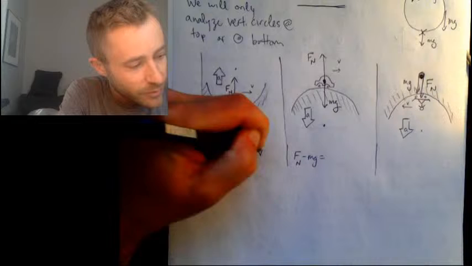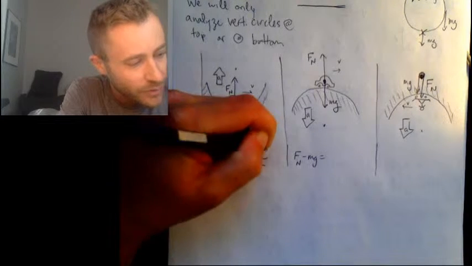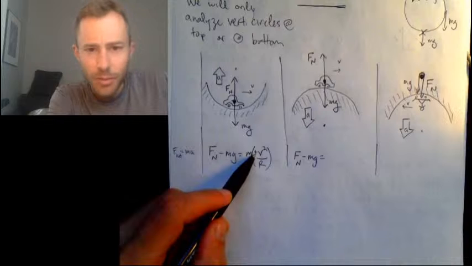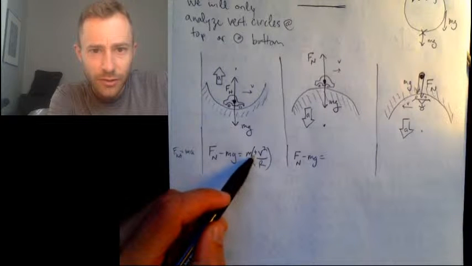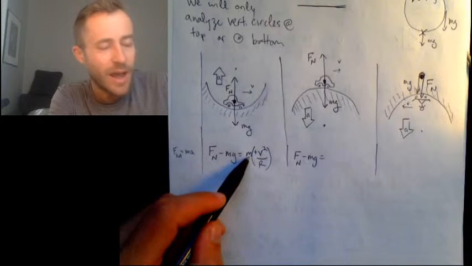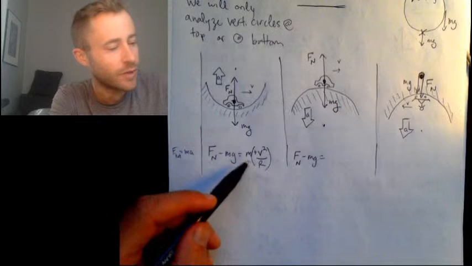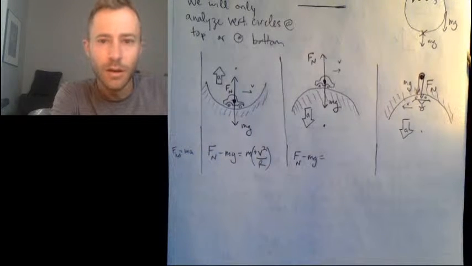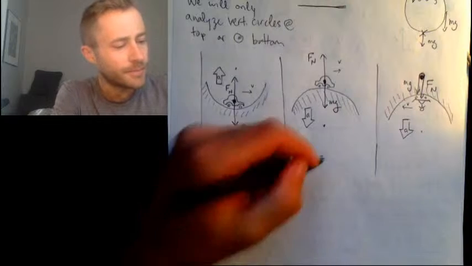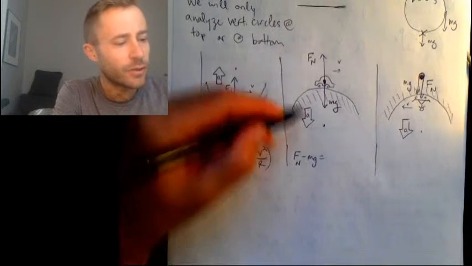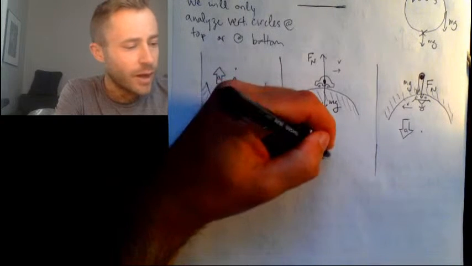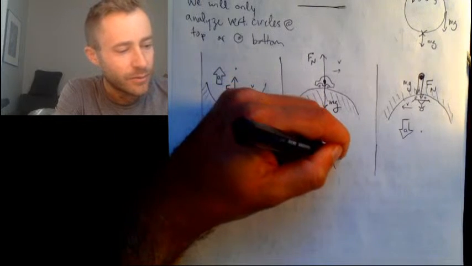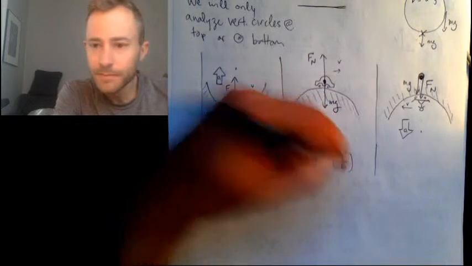So I have positive v squared over r. Please keep in mind that even though I put a plus sign here, that's just indicating the sign. So this isn't m plus v squared over r. It's m times positive v squared over r. Here, the acceleration points downward. So I have m times the quantity negative v squared over r.